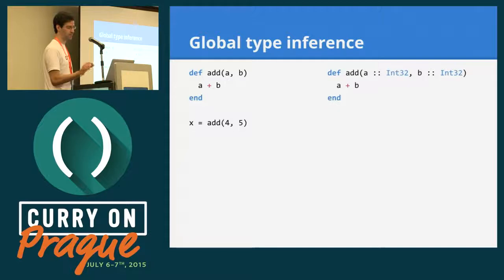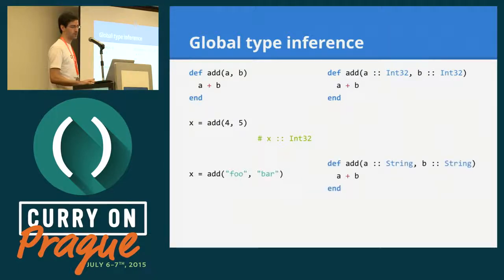So here we have 2 integers. And the compiler will instantiate an instance of this method with those types. And then it will proceed to type the body. And in this case, the result will be an integer. But if we invoke this method with 2 strings, another instance of this method will be generated, with 2 strings as the arguments. And then when we infer the body, we will get a string.